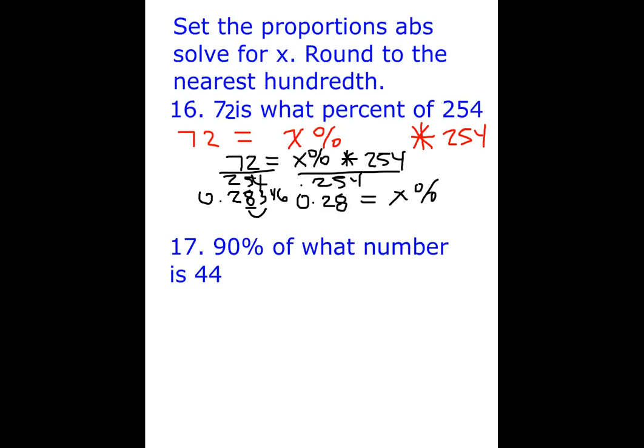So 0.28 is equal to x over 100. So to leave x by itself, we need to multiply by 100 on both sides. Therefore, our x value is equal to 0.28 times 100, which gives us 28%. Okay, so that's our answer right here.